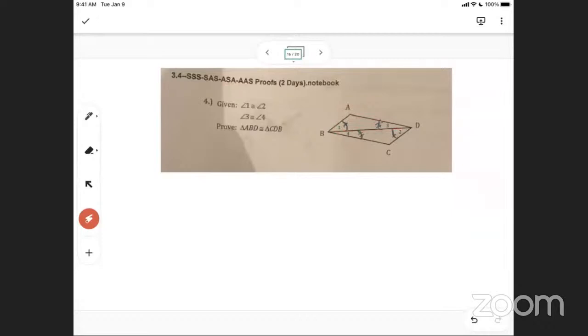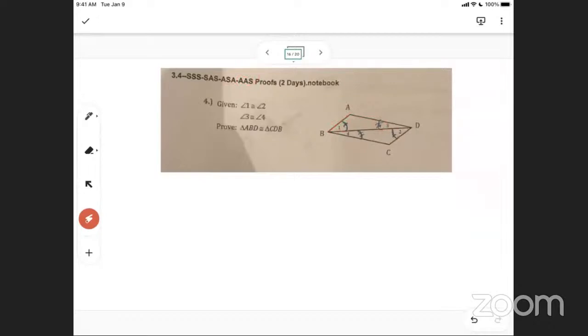Okay. That makes sense. If they told us that this side over here was equal to this side over here, which they're not giving us, then you would call it angle, side.